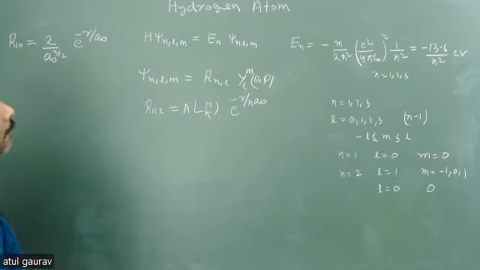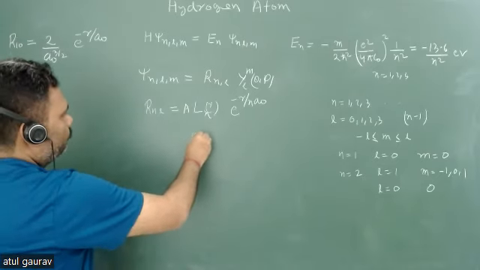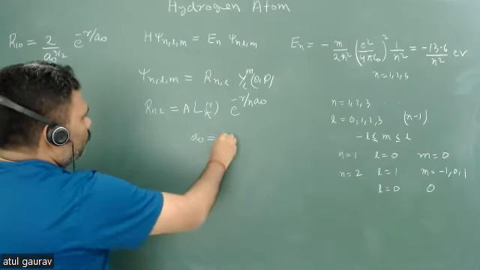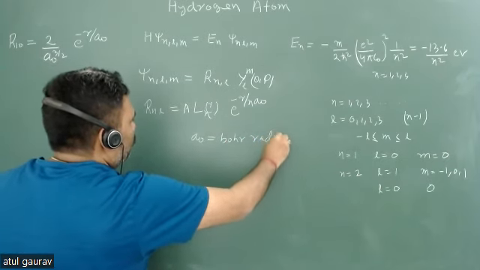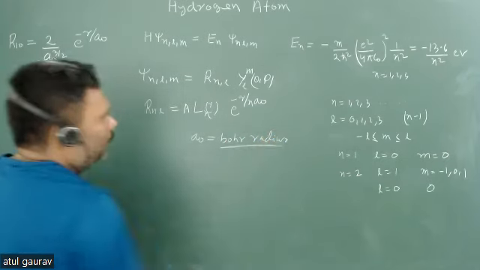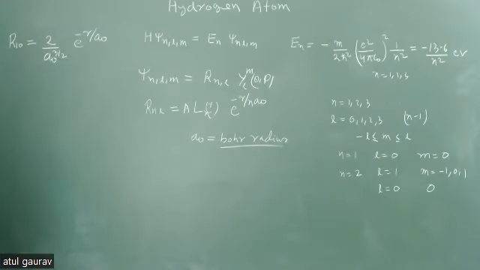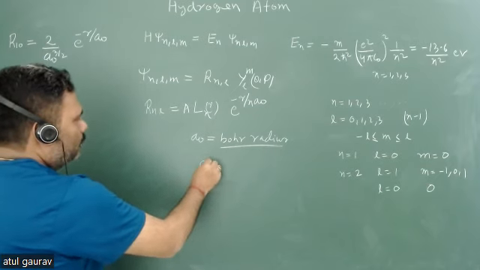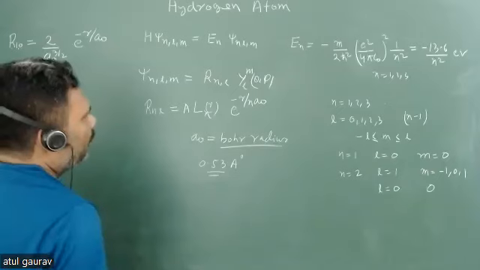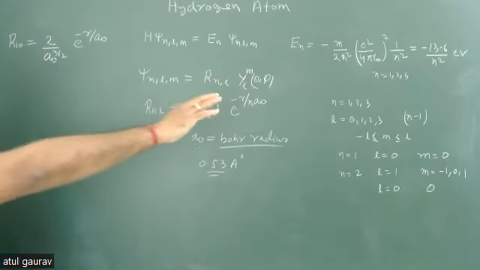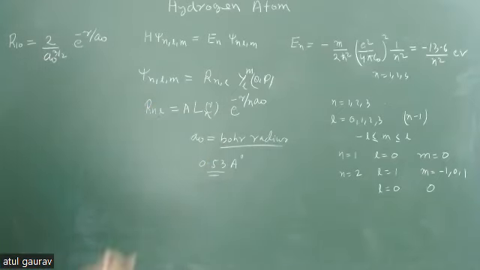A naught is nothing but the Bohr radius. So you can easily calculate, and this Bohr radius is about 0.53 angstrom. You can write this Bohr radius in terms of e, m and all these things. We will just give you what that is.